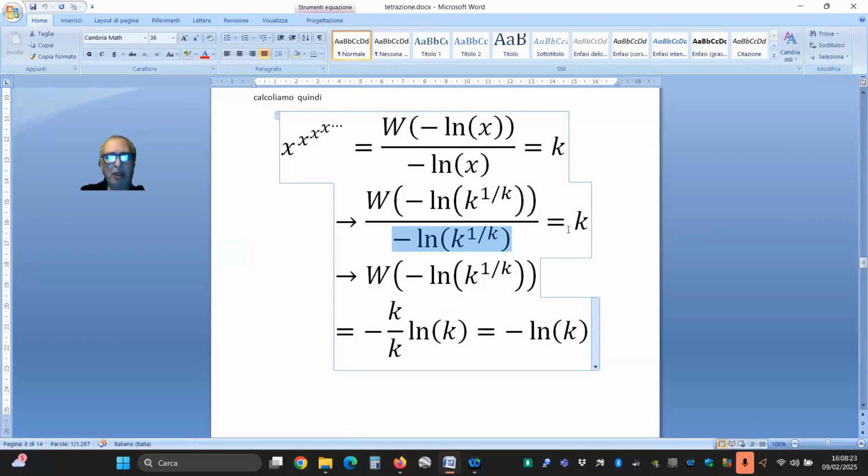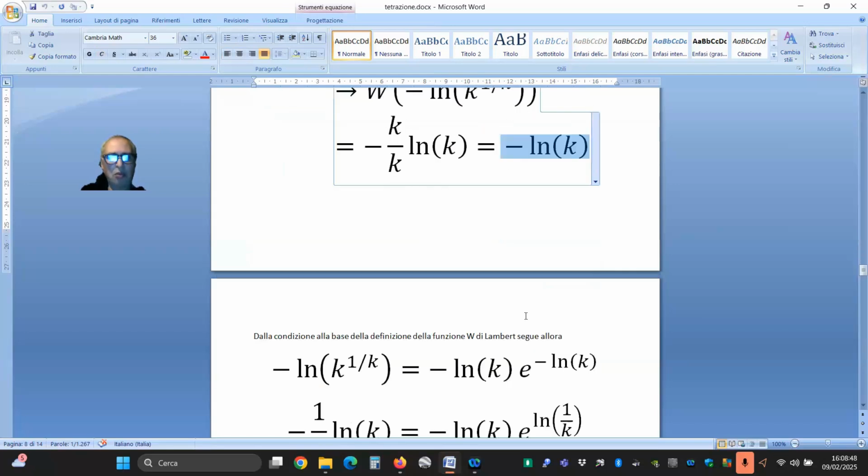Let's multiply both sides by the denominator, so that in the next step, we have the Lambert function on the left side. And here on the right, we get negative k over k, which multiplies the natural logarithm of k as the second member. Obviously, this simplifies. k is greater than 0. We know that. And so we have this expression.